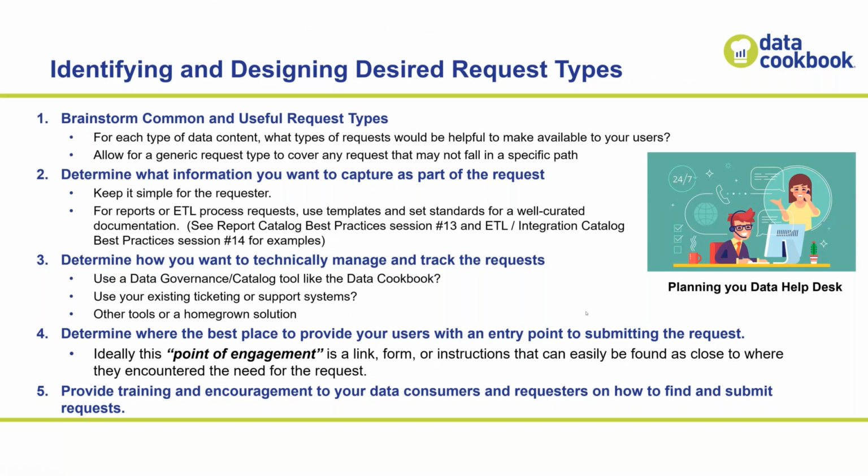So if you really want to make that work, figure out how to put a link or an API call or something on that reporting tool, or on the web page they typically use, or in the ticketing system where they would be encountering these questions or the need for that request, so that they can click through or even submit from that point to the API in the Cookbook to start that workflow.